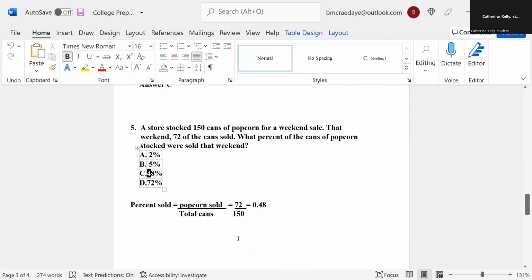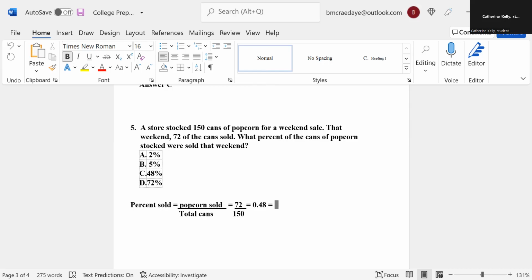How many places? 2 places. That's the same as multiplying by 100. So to go from decimals to percent, shift your decimal point 2 places to the right, and that's the same as multiplying by 100.